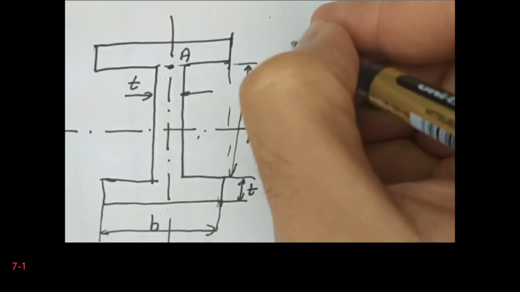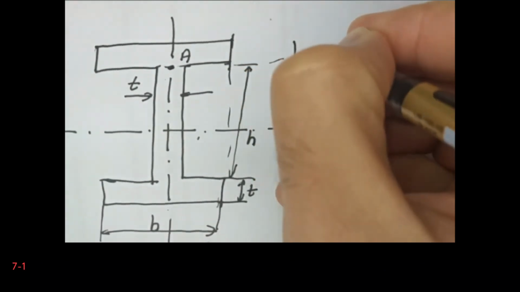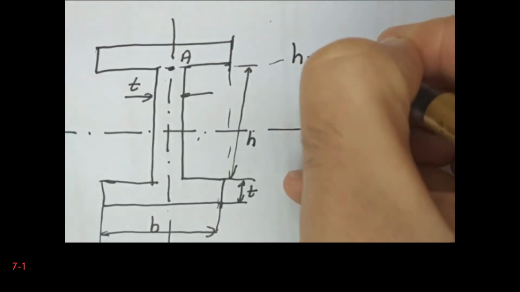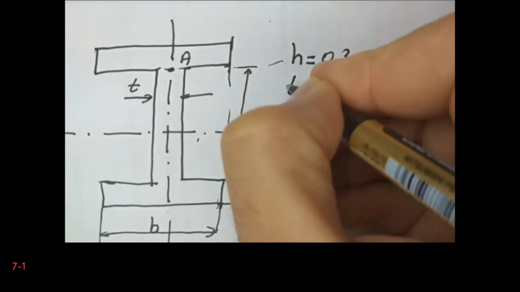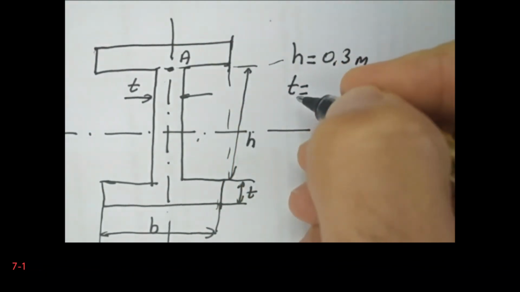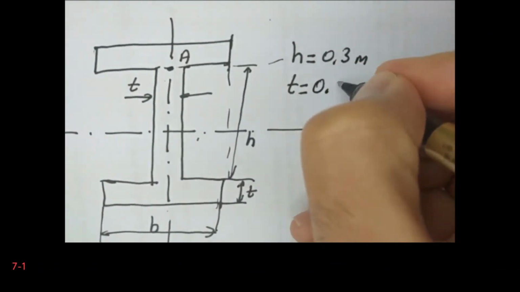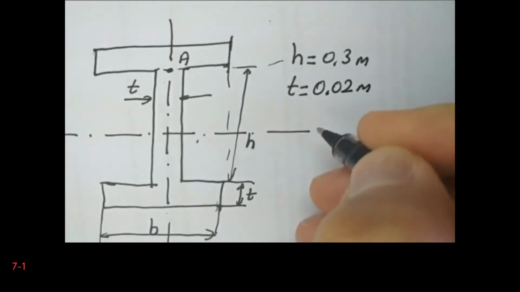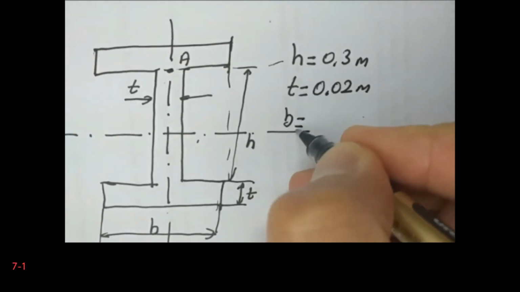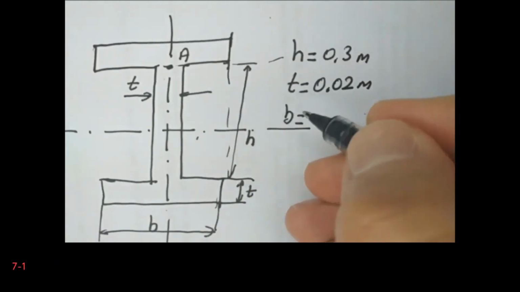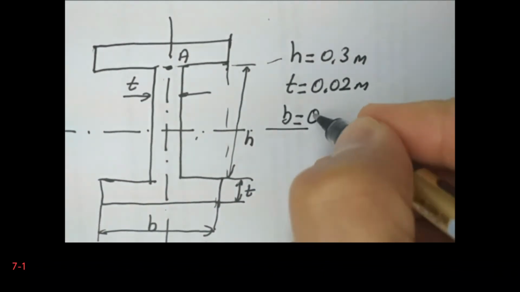Let's write the variables. H is equal to 0.3 meters, T is equal to 20 millimeters, which makes 0.02 meters, and B is equal to, again, 200 millimeters, which is 0.2 meters.